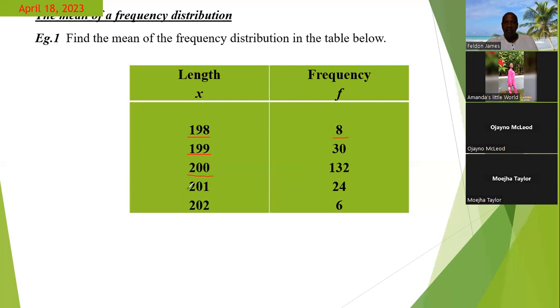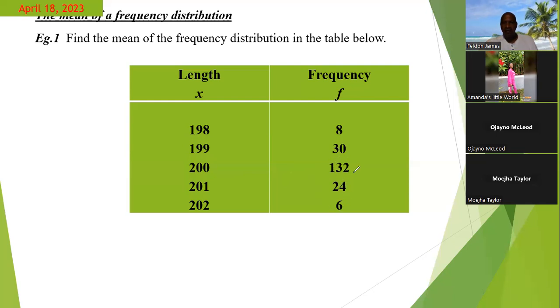So when you really think, it's not 5 values that you really have. The amount of values that you really have is when you add up the frequencies, right? So to see how many values you actually have, you would have to add the frequencies.